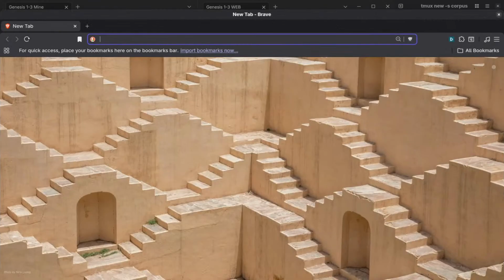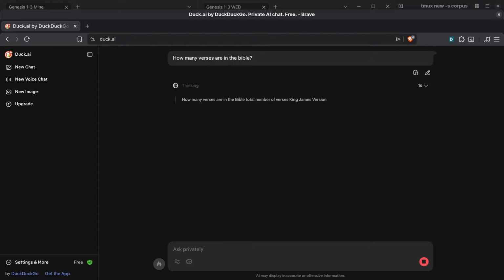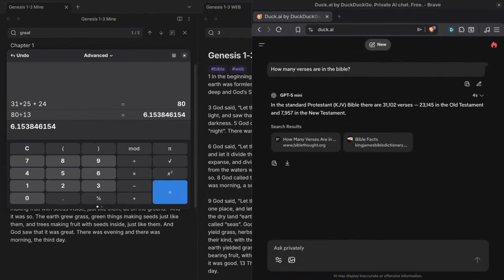Let's ask ChatGPT about this. How many verses are in the Bible? There are obviously various different lengths, but yeah, King James, sure, that's close enough. 31,000. Okay. So 31,000 divided by 13, 2,000 hours divided by, let's say, 8-hour days, 300 days.